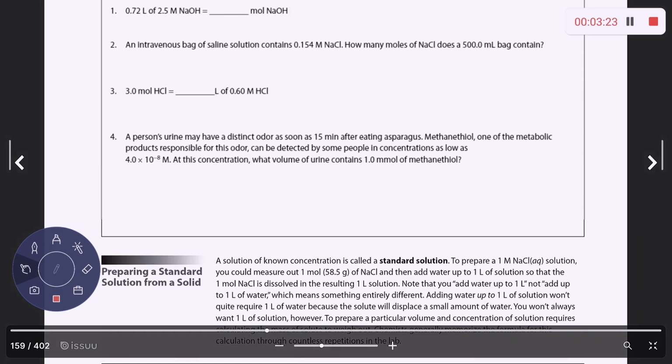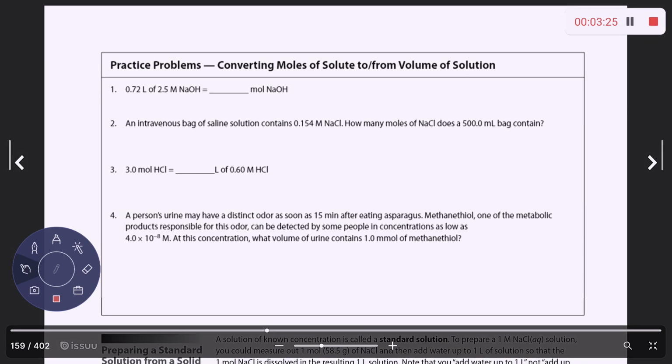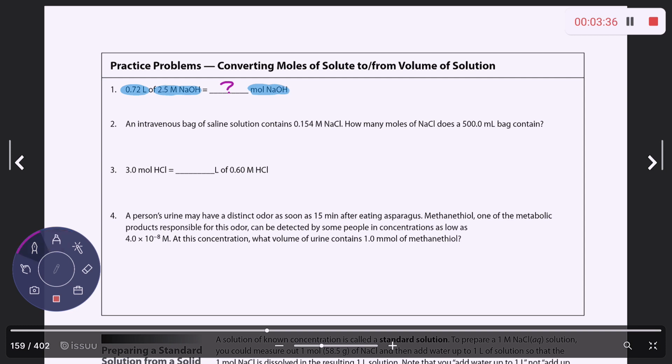So if we take a look at these practice problems right here, it says we've got 0.72 liters of 2.5 molar NaOH. We want to know how many moles of NaOH we would solve for. If you take a look back at the molarity triangle, if you cover up moles, it says take molarity times liters.